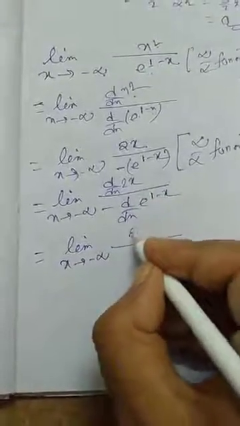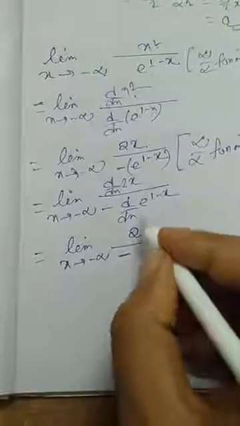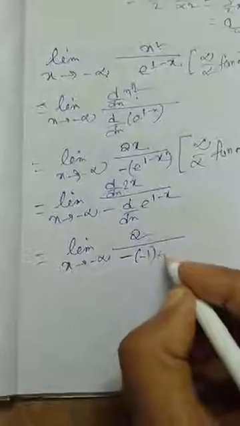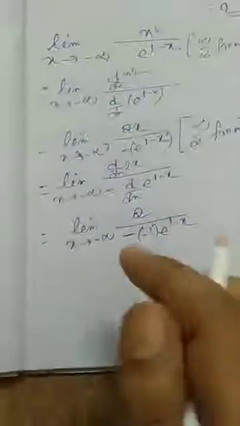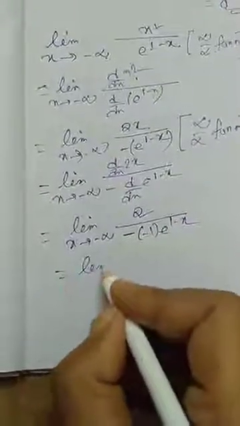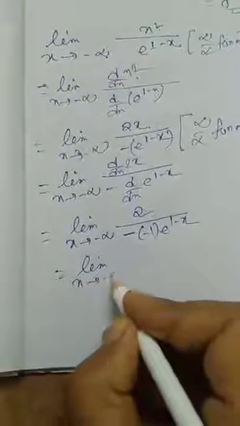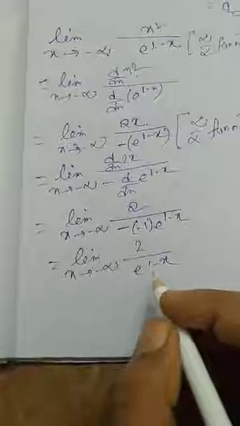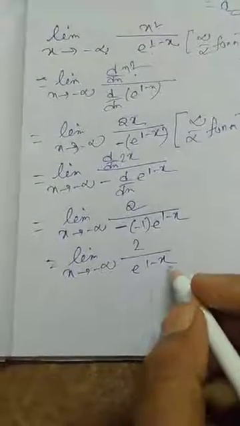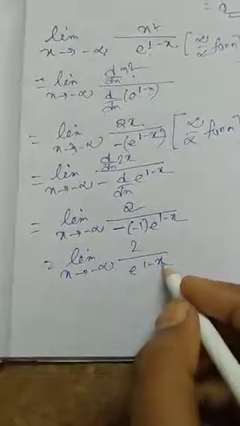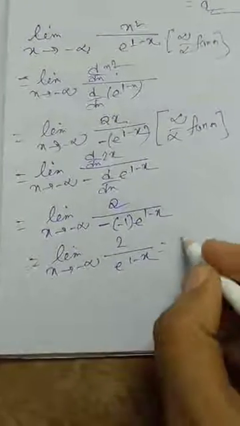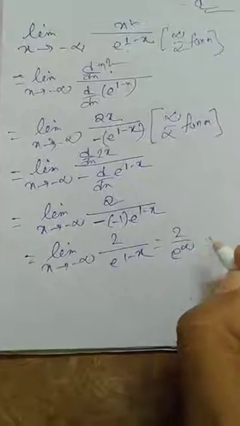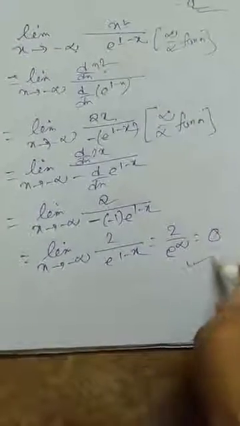Derivative of 2x is 2 and derivative of e to the power 1 minus x is minus of minus 1 e to the power 1 minus x. This is equal to limit x tends to minus infinity 2 by e to the power 1 minus x. Now if we put x as minus infinity, we get 2 by e to the power infinity, and this is equal to 0. 0 is the answer.